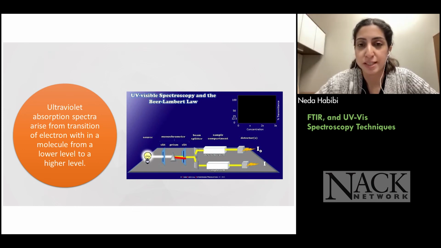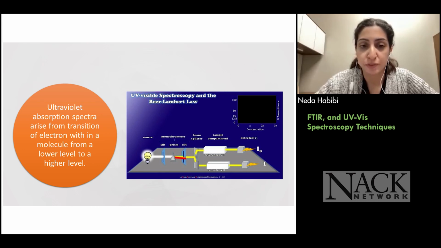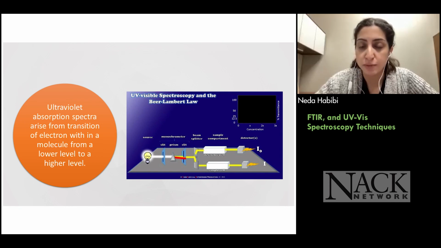So the instrument is actually measuring the transmittance of light and then correlating the transmittance to absorption, to get an idea of what frequency the sample is absorbing, the maximum absorption, and also the concentration of the sample.